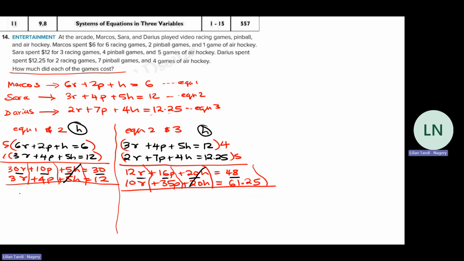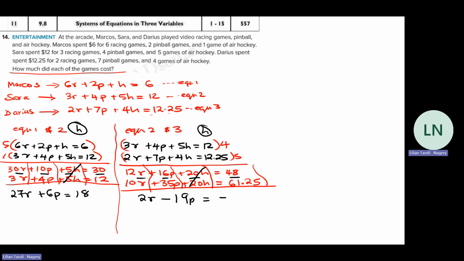30 minus 3 is 27. So 27R. 10 minus 4 is positive 6P. And 30 minus 12 is 18. Okay. 12 minus 10 will be 2R. 16 minus 35 will be negative 19P.